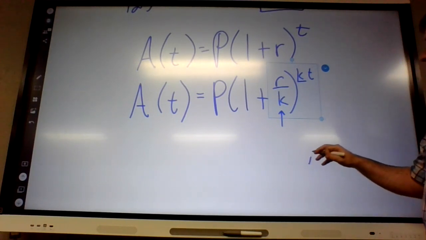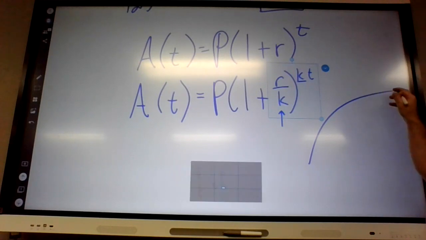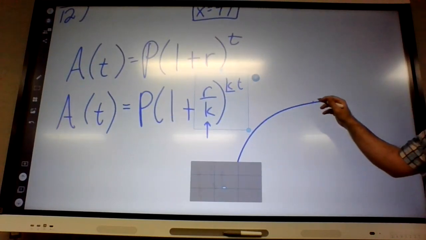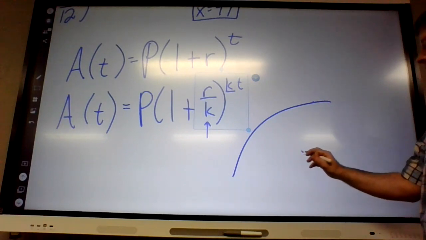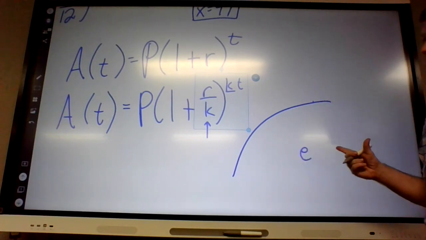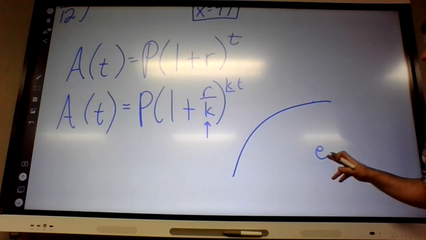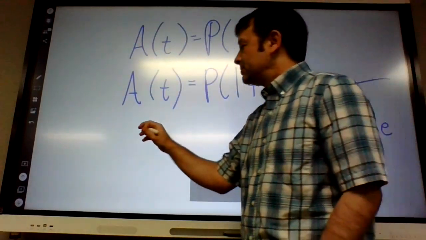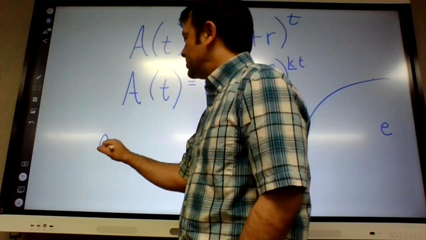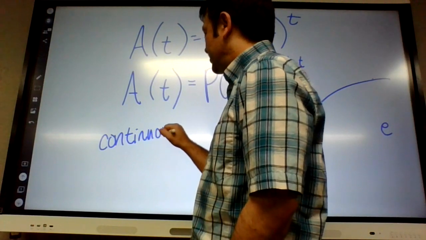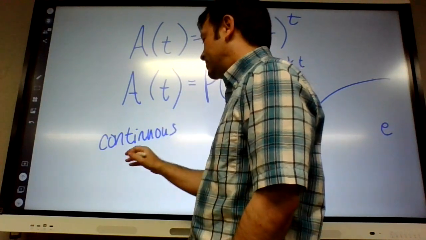So what happens is you start getting less and less help, and it kind of levels off. And it levels off at a number that they decided to call e. Now this doesn't just apply to money, this could apply to a lot of things, and they call this continuously compounding. So it's like you're compounding infinitely.